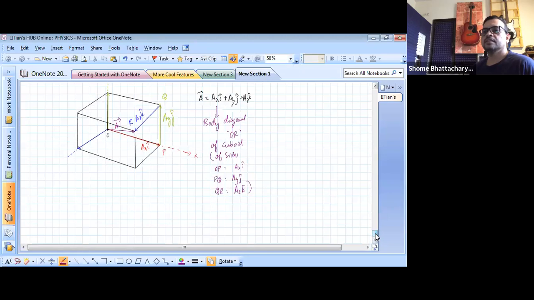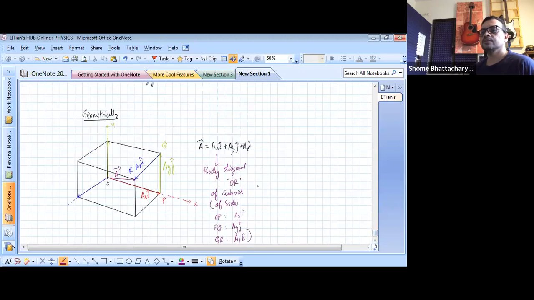And therefore, the magnitude of the vector A will be square root of ax square plus ay square plus az square, because that body diagonal geometrically will have length square plus breadth square plus width square, like this, let's say.